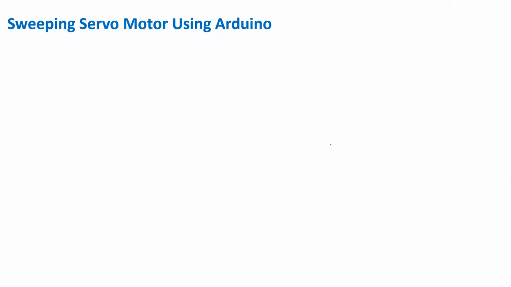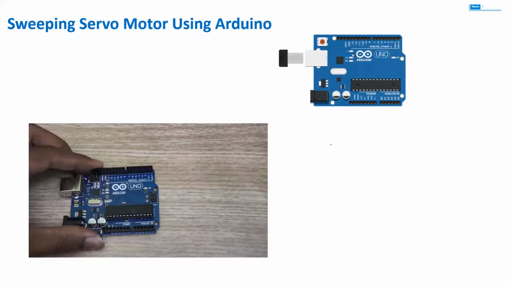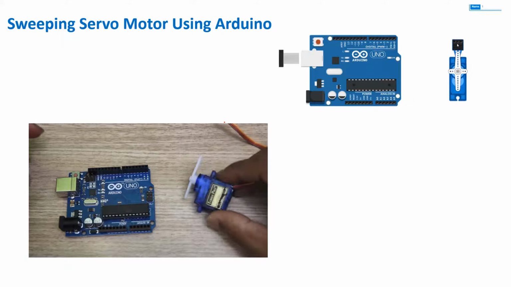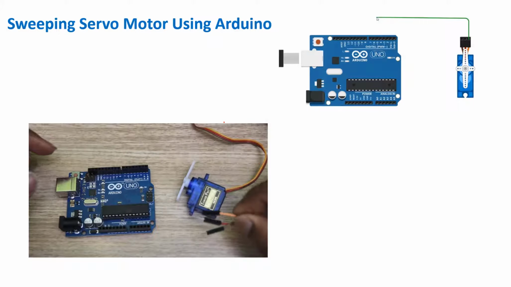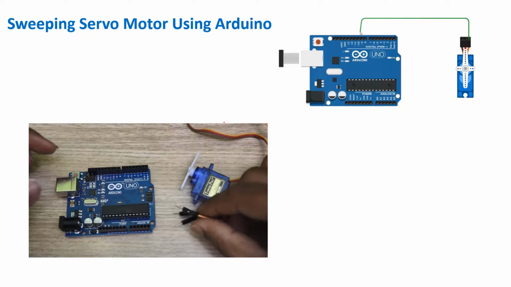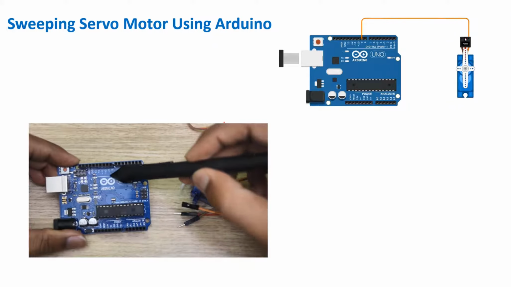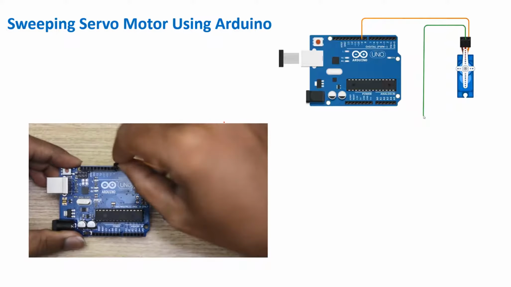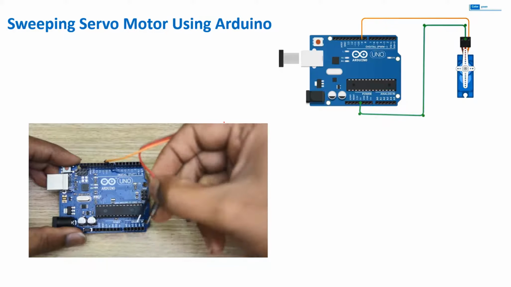Now we'll cover sweeping a servo motor using Arduino. Here you can see we have the Arduino, and now we'll use the servo motor. This servo motor has 3 pins. The orange one is the data pin, which will be connected to the 9th digital pin of the Arduino. This wave-like signal written beside that pin marks it as a PWM pin.